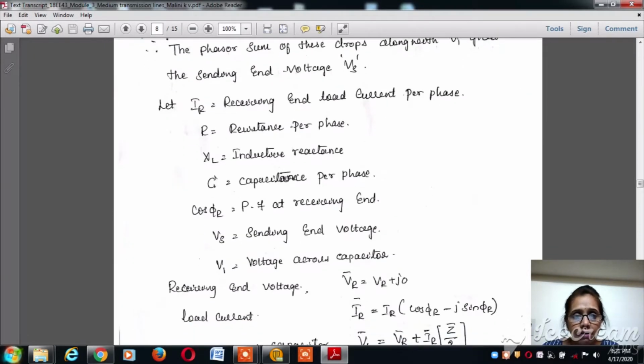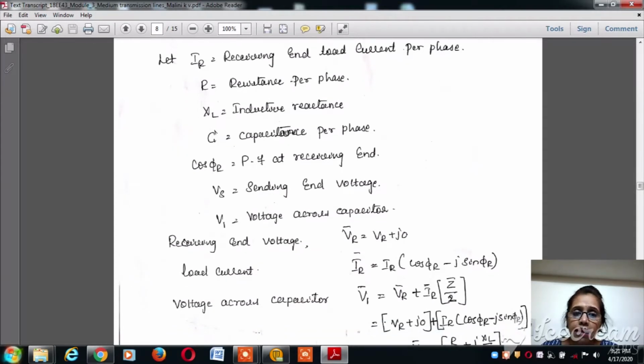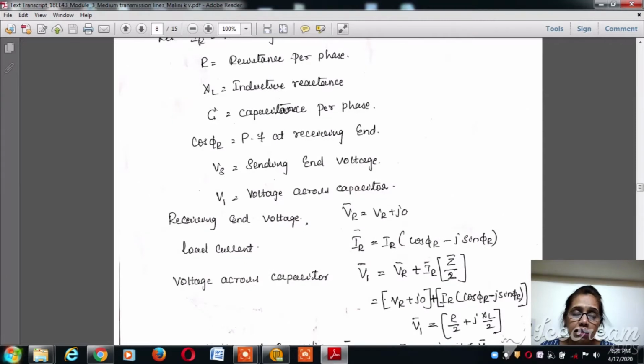Let IR be the receiving end current per phase, R the resistance per phase, XL the inductive reactance per phase, and C the capacitance per phase. Cos phi R is the receiving end power factor, cos phi S is the sending end power factor, Vs is the sending end voltage, Vr is the receiving end voltage, and V1 is the voltage across the capacitor.